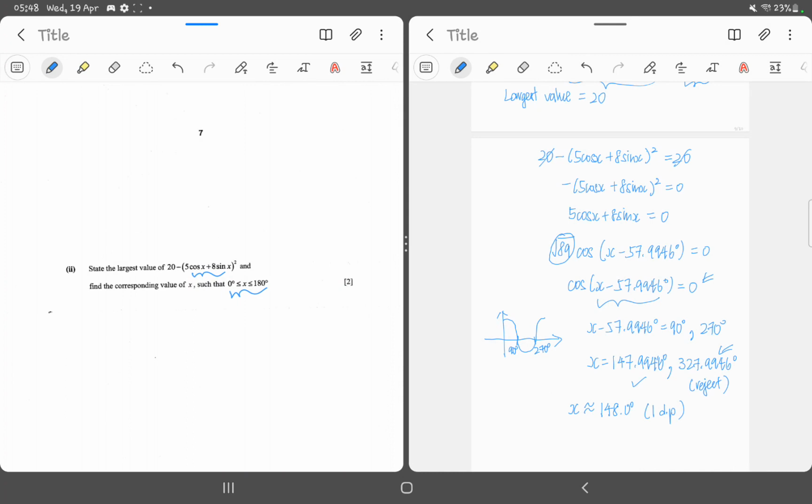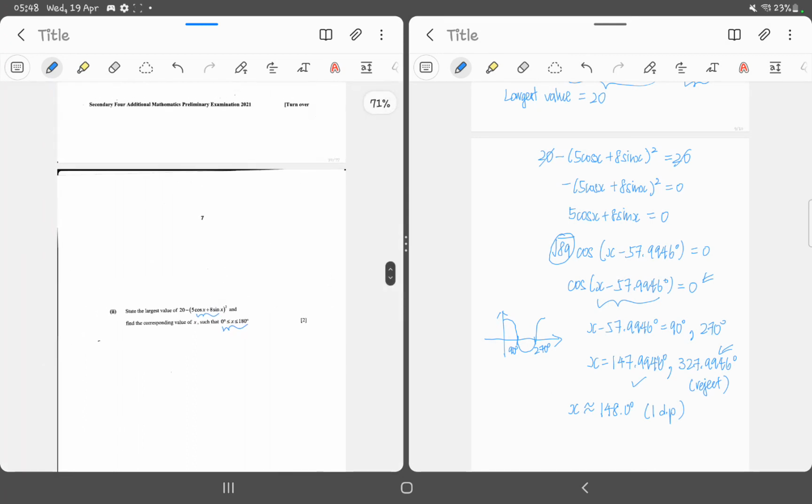And one thing to take note when doing this question, especially if you are doing your O level or N level, is to be very careful whether the question is in radians or degrees, because if you make the mistake at the start of selecting the wrong one, say the question is in radians and you do it in degrees, then you are pretty much going to lose a lot of marks along the way. So be very careful and read the question carefully, whether the question is asking for degrees or radians.